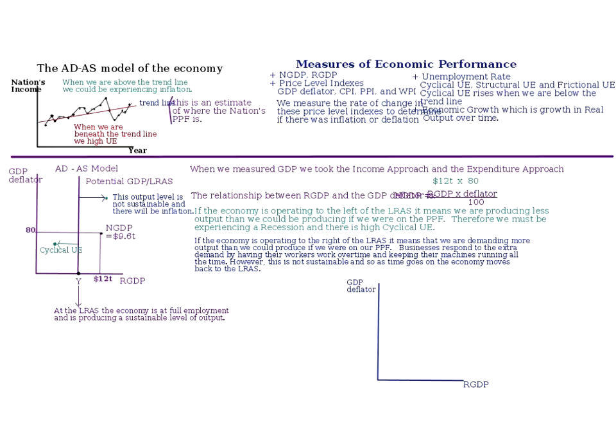So now we have our LRAS, and I'm just going to abbreviate that and call it the LRAS. I'm not going to refer to it as potential GDP like I did over here. And I'm going to put the line in for our long-run aggregate supply. And of course, I'm going to label it again. I'm going to call it the ADAS model.